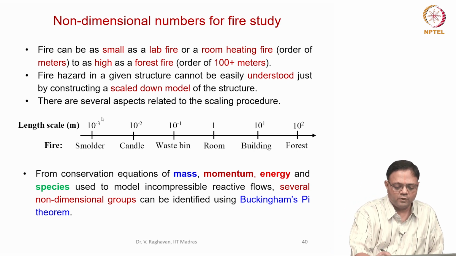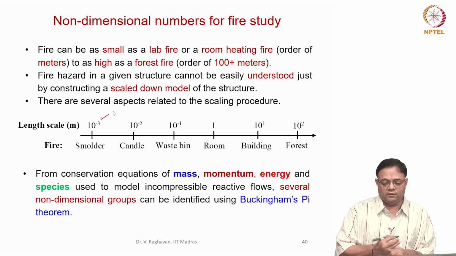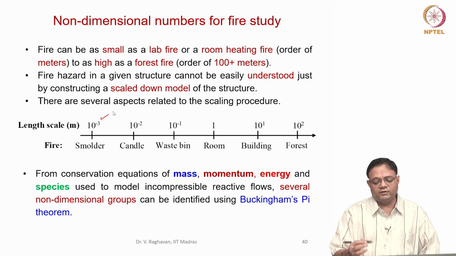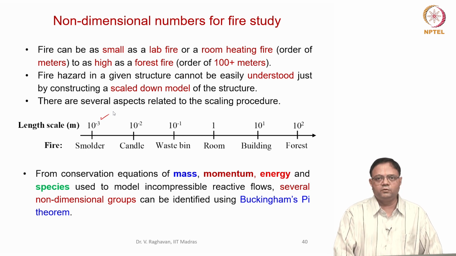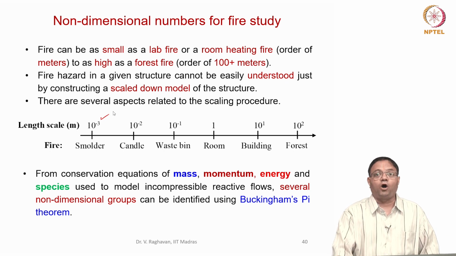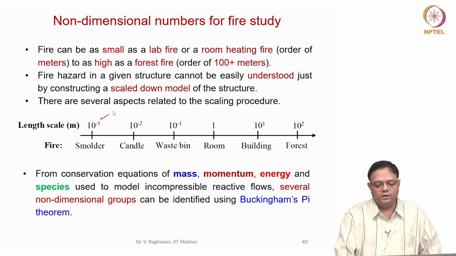Smoldering can be as small as 10 power minus 3 meter. Then come to candle flames, then waste bin, then room. So you can see the typical scales, the order of magnitude of the fire we are talking about in the dimension.